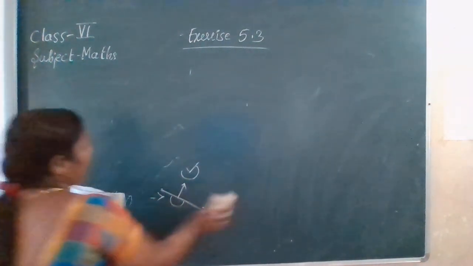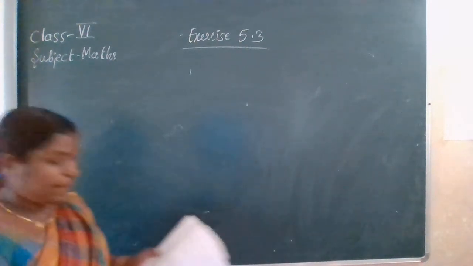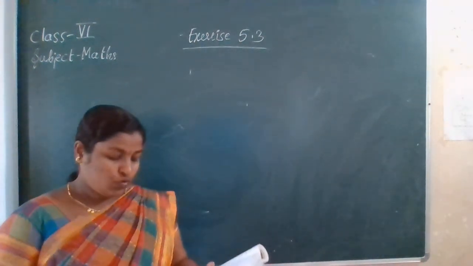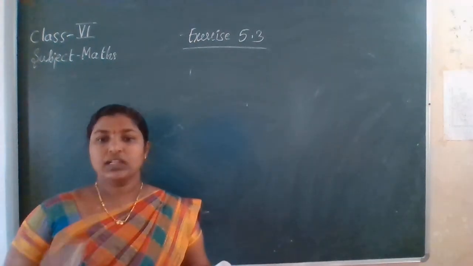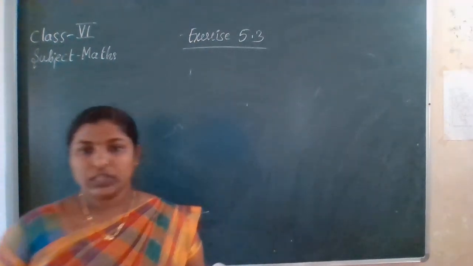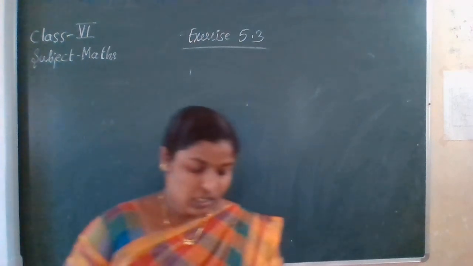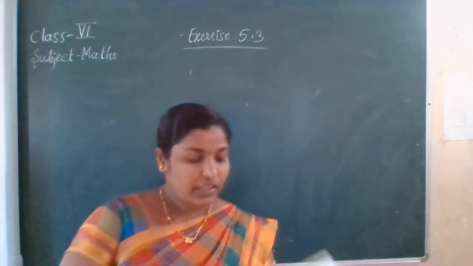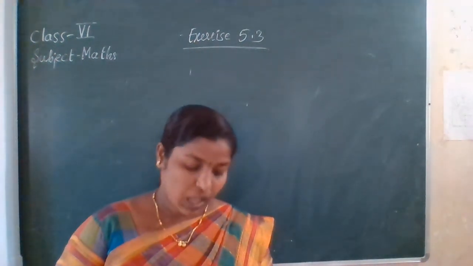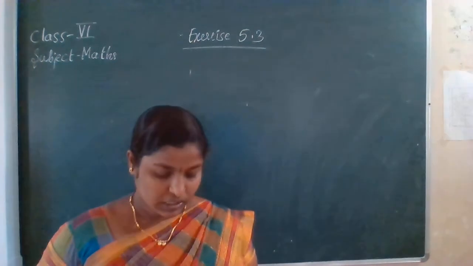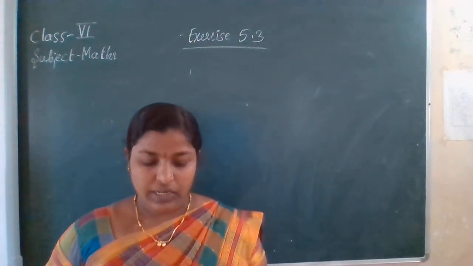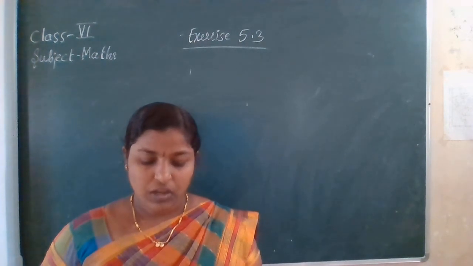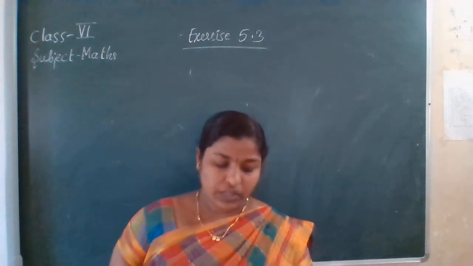Now, measuring the angles. By protractor also we can measure the angles. That I will show you in the class. That theory they have given in this, let's read it. Measuring angles. The improvised right angle tester we made was helpful to compare angles with a right angle.